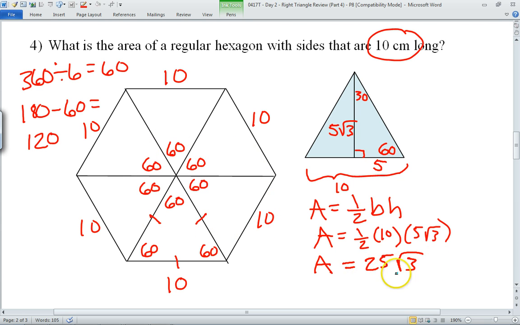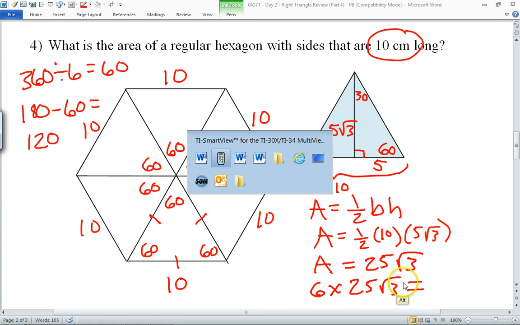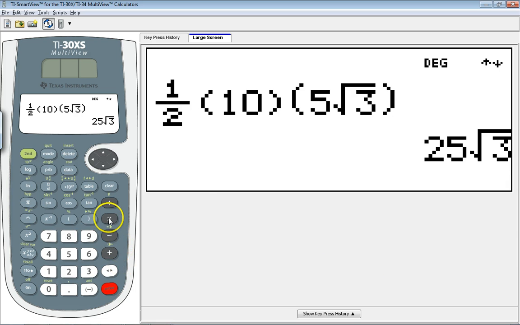So if I take this and I multiply it times 6, so if I do 6 times 25 radical 3, that should give me my final answer. Maybe I can just come back to here and just do times 6.